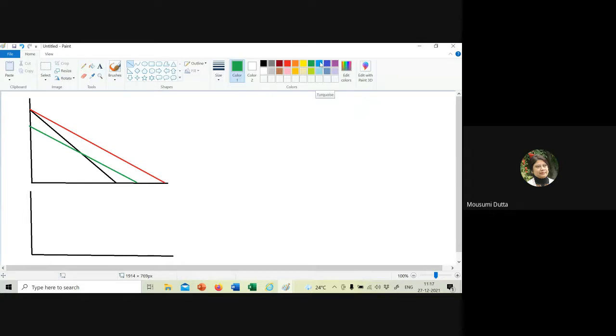Now I'll draw the initial indifference curve, IC1. This is IC1.